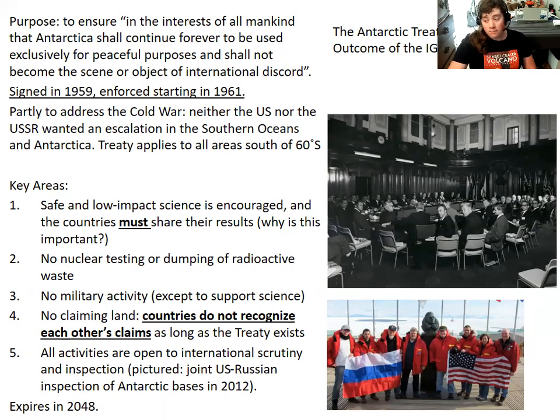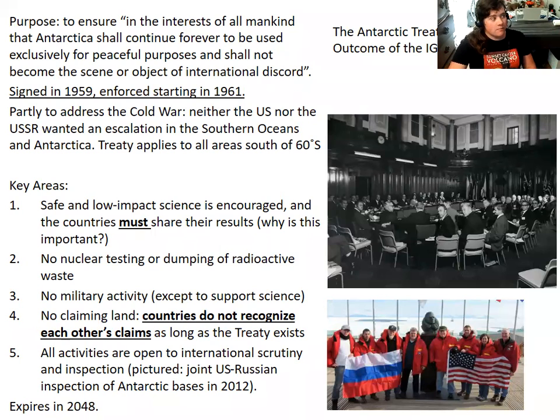The treaty is quite long, but here are a couple of its key points. It encourages that science occur. It really stipulates that Antarctica should be used for science and not much else. The science should be safe, meaning that they don't want shipwrecks, they don't want lots of dead bodies in Antarctica, they don't want people engaging in risky behavior, and activities need to be approved before they're allowed to happen.